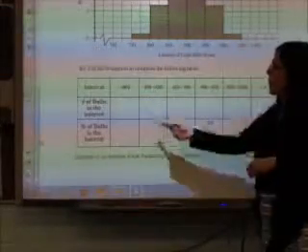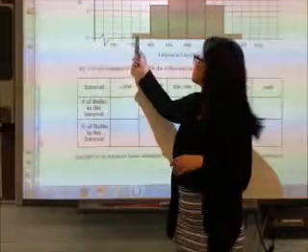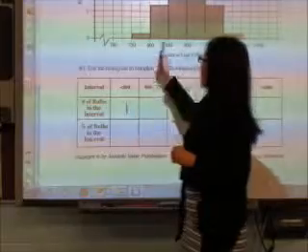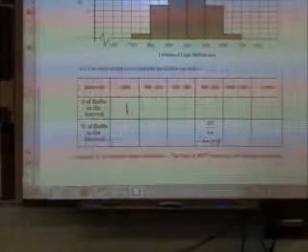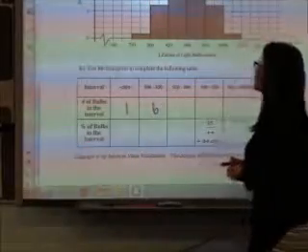So this histogram represents this information. How many light bulbs were less than 800 hours? How many light bulbs is that? 1. How many light bulbs between 800 and 850? 6. 850 and 900.